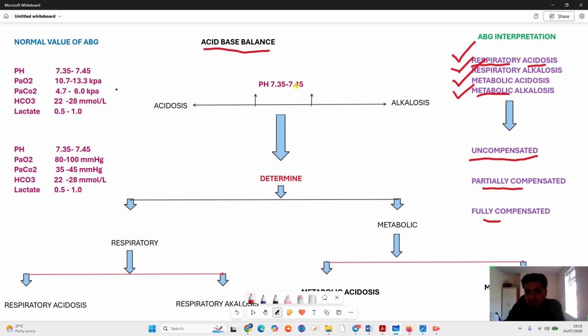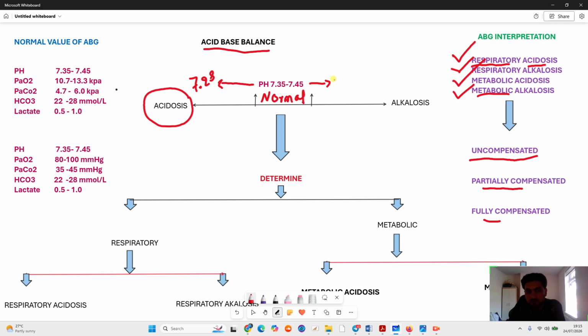So now we look at the acid-base balance here. As I said, the normal pH level is 7.35 up to 7.45. So this is normal. If the pH is going down, like 7.28, the condition that happens in our body is generally called acidosis.